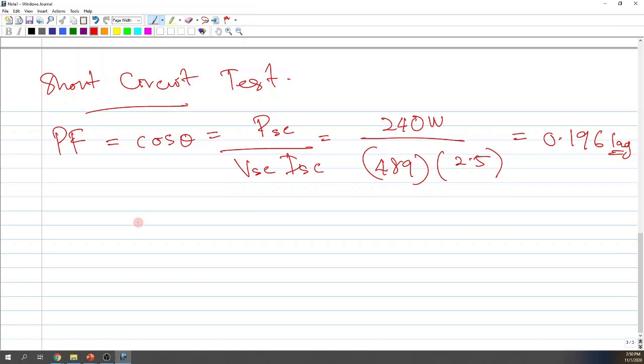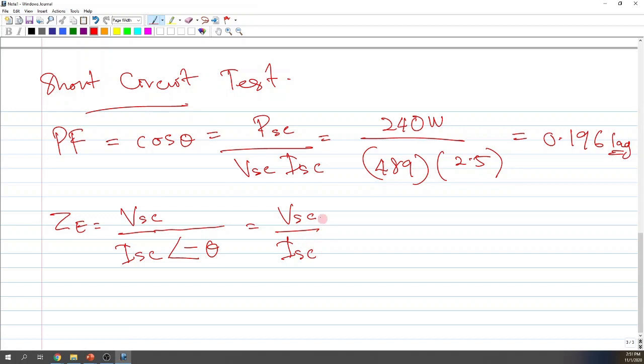Okay, then kita boleh cari dia punya impedance lah, the series impedance. So the series impedance ZE is equal to VSC over ISC. Kalau ikutkan dia punya theta ni dekat bawah, kita akan buat macam ni, so negatif theta kan. Okay, so untuk memudahkan kita naikkan theta ke atas lah. So VSC over ISC, bila kita naikkan dia ke atas, dia akan hilang dia punya negatif lah.